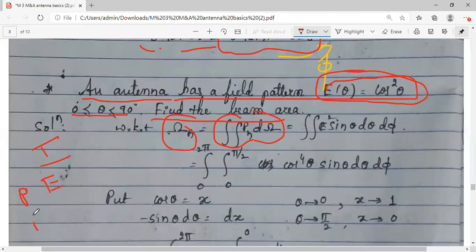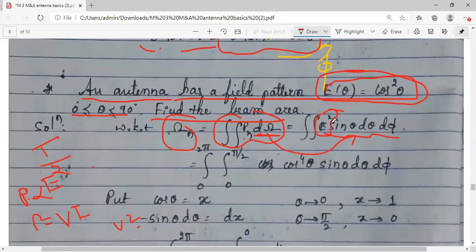In the theory part, I had explained P equals VI or P equals V square by R. And if you see the relationship, power and the field are square related. So taking that, I have taken this E square, and d omega is sine theta d theta d phi. You should remember this. d omega is always taken as sine theta d theta d phi.